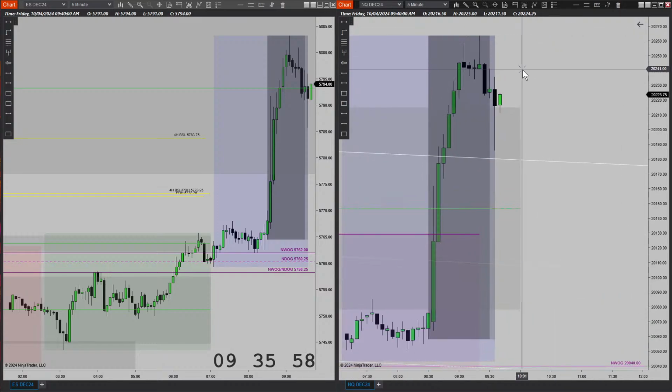We do have this gap here. Not gap, bearish order block here. Propulsion block.